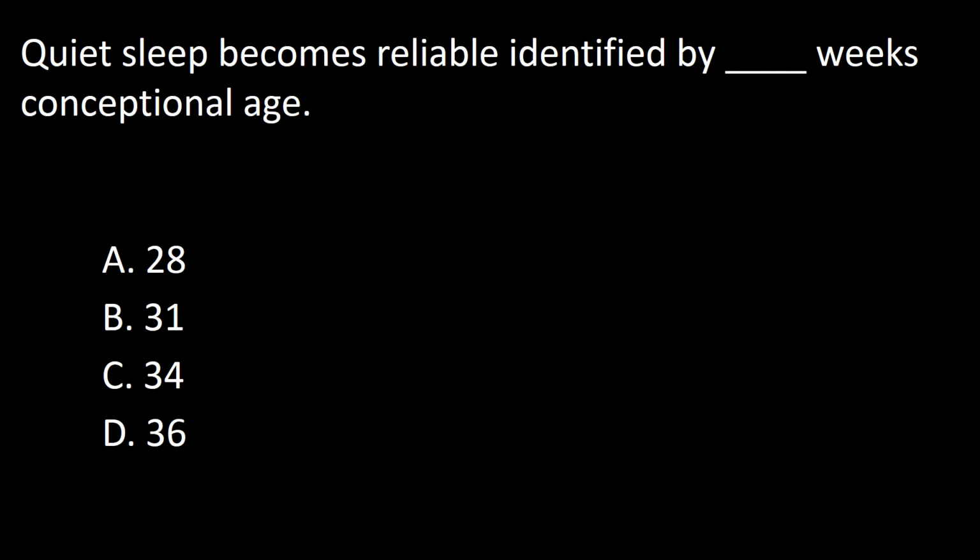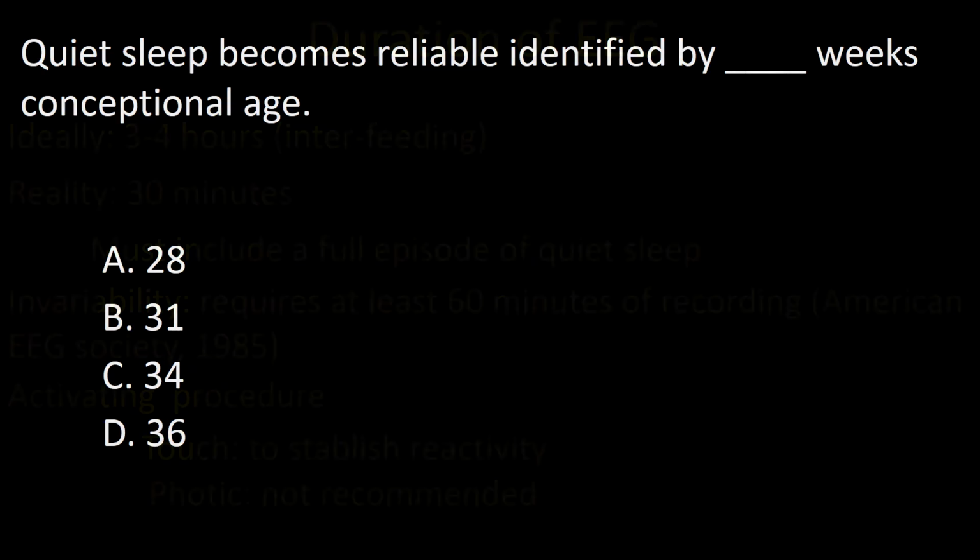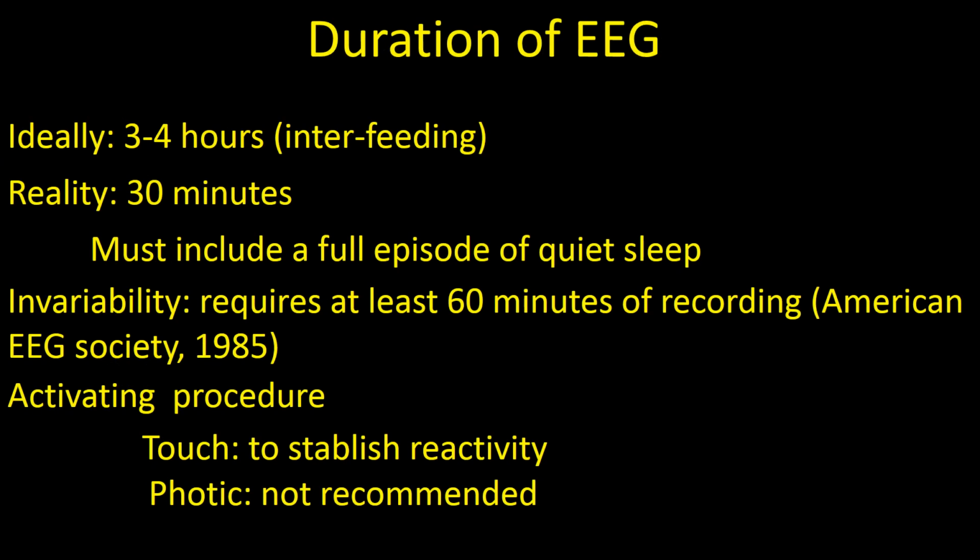Next question. Quiet sleep becomes reliably identified by dash weeks conceptional age. A, 28, B, 31, C, 34, D, 36. When we spoke about technical issues, I mentioned that a neonate EEG should include a full episode of quiet sleep. This is only an achievable goal after 31 to 32 weeks.